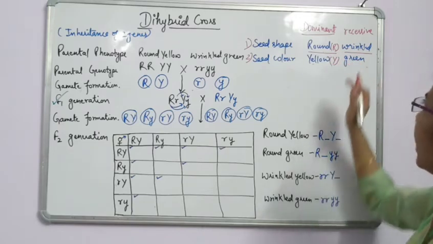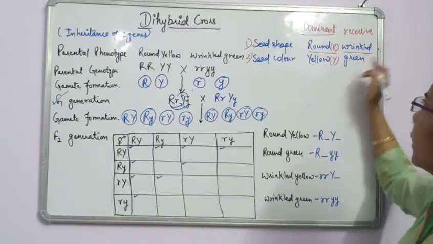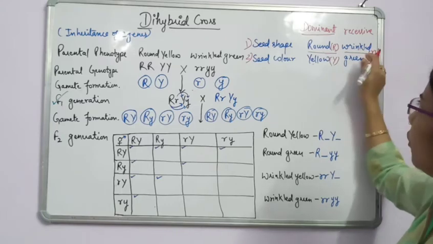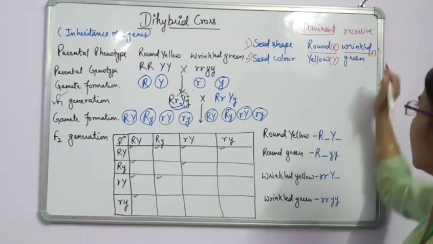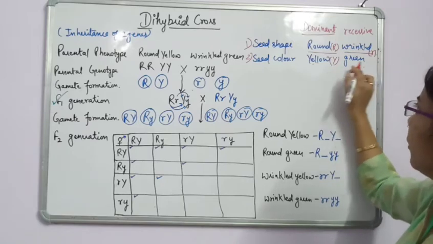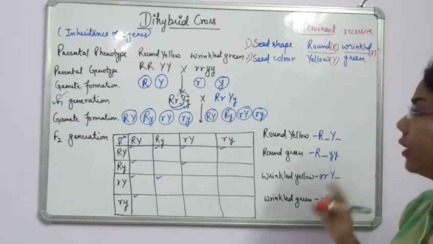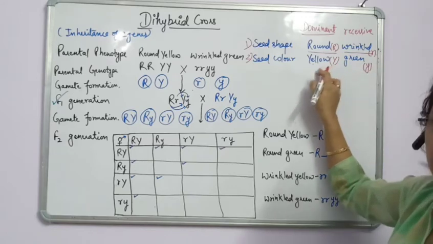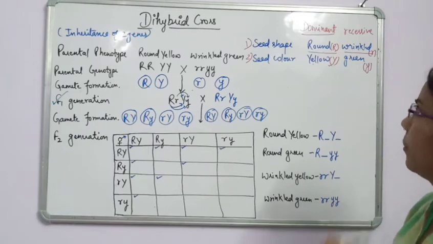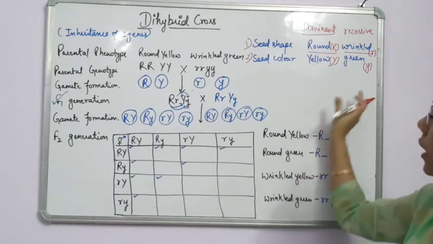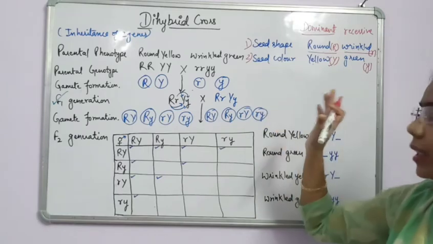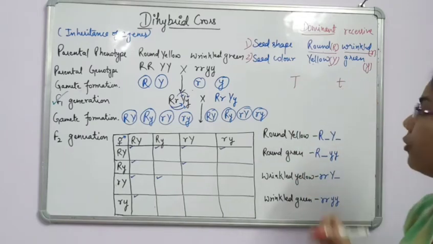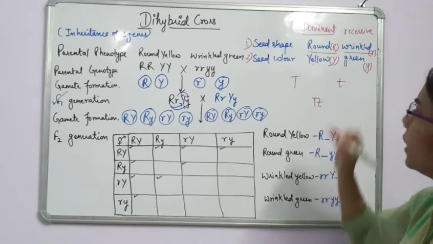In comparison, we show the recessive character, that is wrinkled, with the small case of the same letter, small r, and we take the green color with small y, because we have taken the dominant character with capital Y. In monohybrid cross, we were taking the tall plant as well as the dwarf plant, giving capital T and small t.